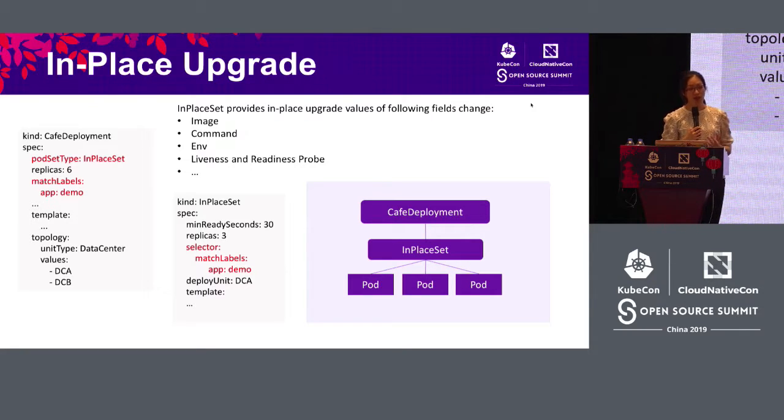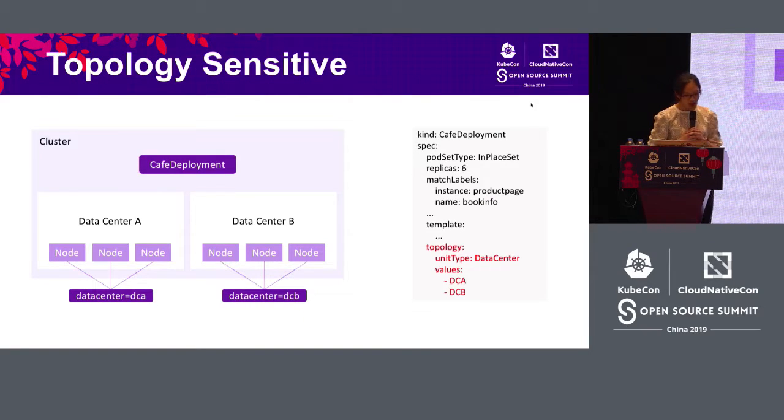And we have an in-place set. It is mainly for the in-place upgrade. I have listed the in-place upgrade configuration we can support. If the changes happen in these areas, we can maintain stable pod and IP.